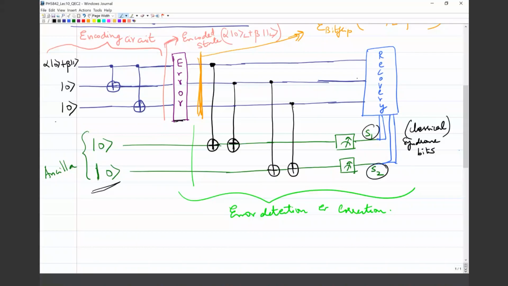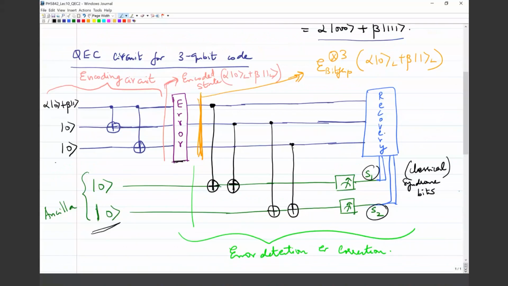And what this recovery box is indicating is that you now have to go back and do something to your encoded qubits in order to correct for the error. Up to this part is what we had discussed on Tuesday, where you extract these two syndromes S1, S2. Then you diagnose the error, and based on that diagnosis, you go back and do something to the data qubits. What is the something that you have to do? Well, it's simply a single qubit X operation, right? Because what can this code detect?